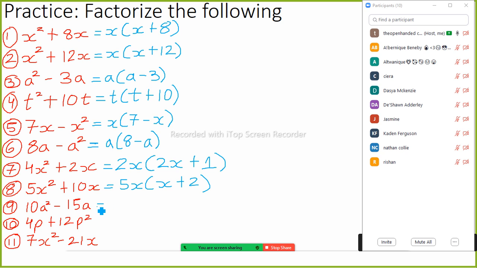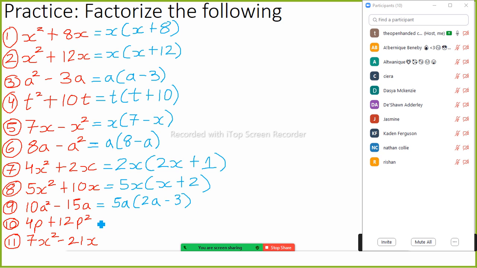Deja, number 9. I have 5a on the outside, and then on the inside of the bracket, I have 2a take away 3. That's correct.